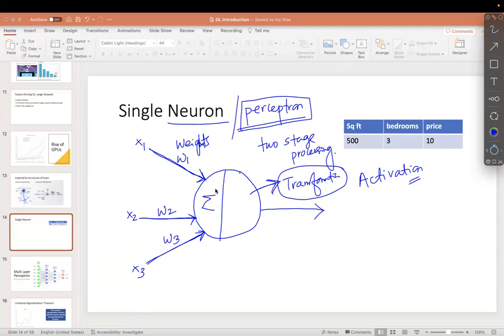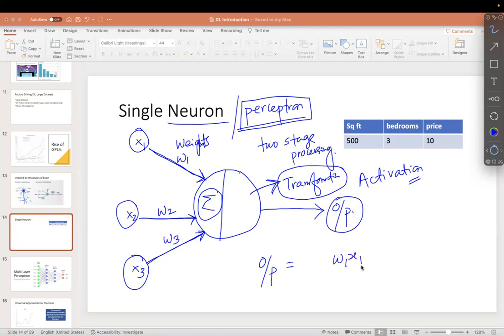Then the summation function, the output of this neuron based on these three inputs, would be W1 x1 plus W2 x2 plus W3 x3.